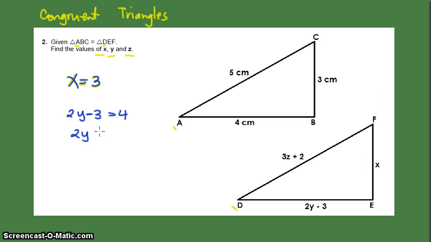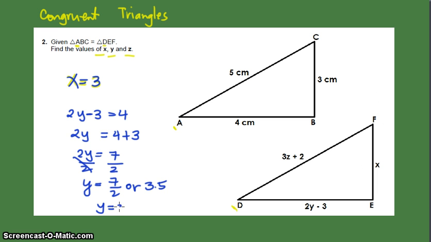If I solve for y and add 3 on both sides, this will be 2y equals 4 plus 3, and 2y is equal to 7. Multiply both sides by 1/2, or divide both sides by 2, and this gives me y equals 7 over 2, or in decimals it's 3.5. So the value of y is equal to 3.5.